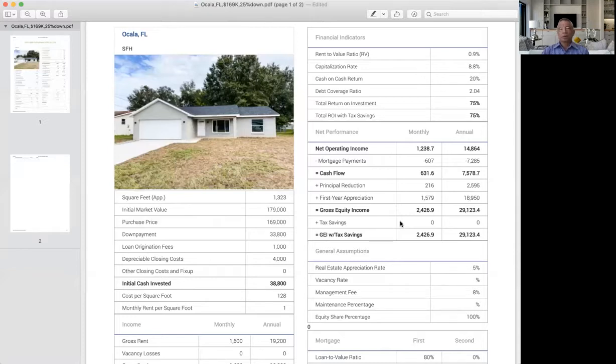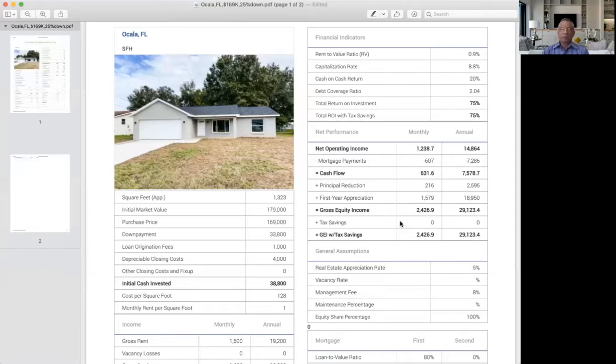You combine all these three numbers and you divide that by your total out of pocket, which is your down payment and your closing costs, equals your total return on investment.